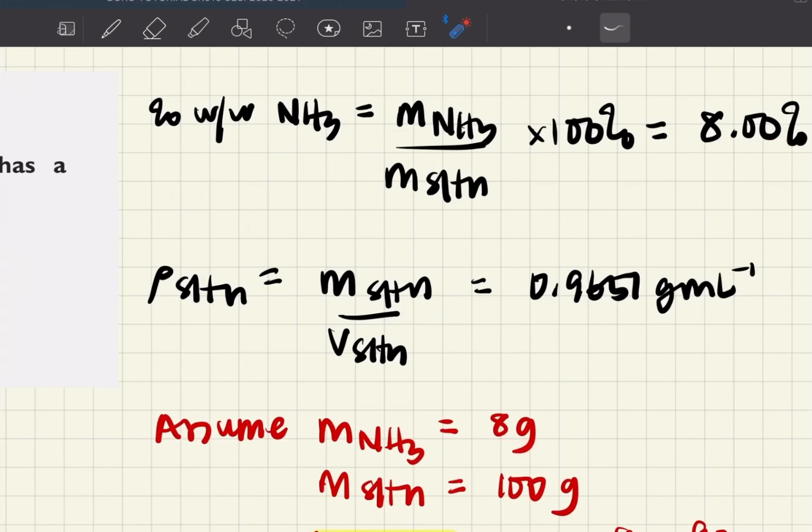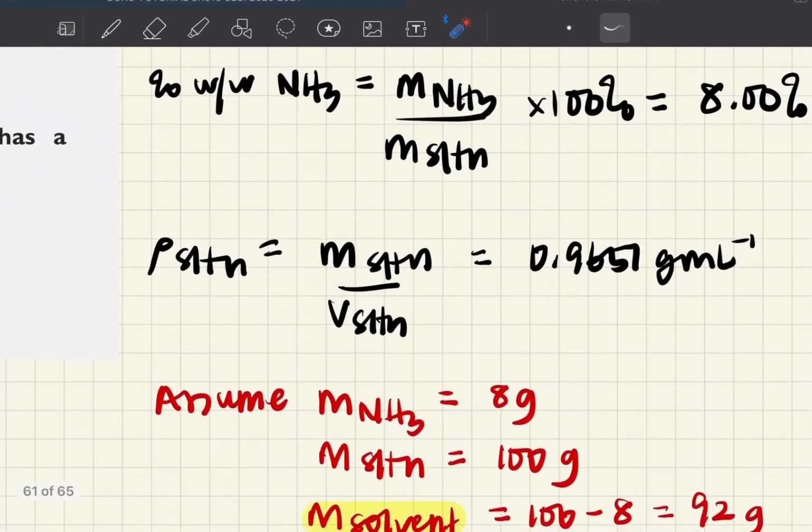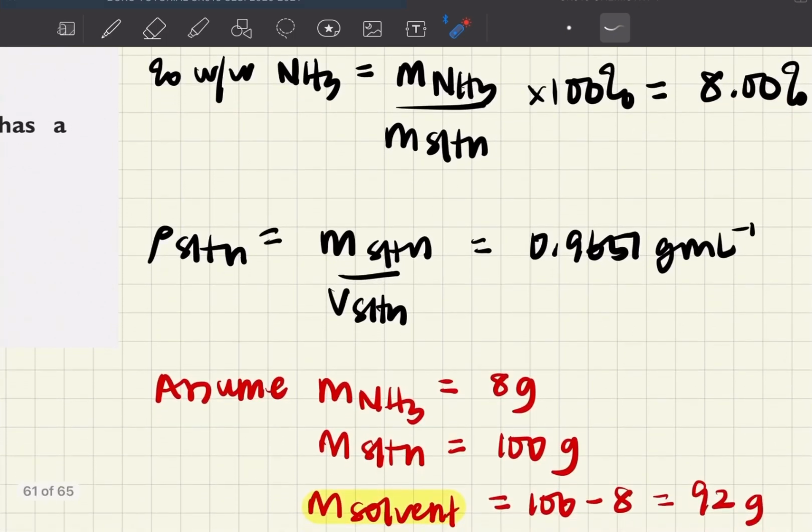Okay, so when we assume our mass of solute and mass of solution, we can get the mass of our solvent. Just subtract the two and you will get 92 grams for the mass of solvent.